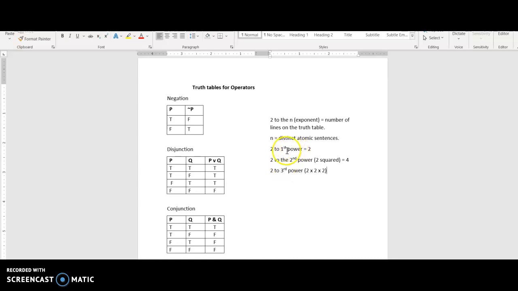That's what the exponent means, how many times you multiply the number by itself. So 2 times 2 times 2 is 8. If you had 4 distinct atomic sentences, it'd be 2 times 2 times 2 times 2, which equals 16. So that's how you determine how many lines you need on a truth table. You count the number of distinct atomic sentences and raise 2 to that power.